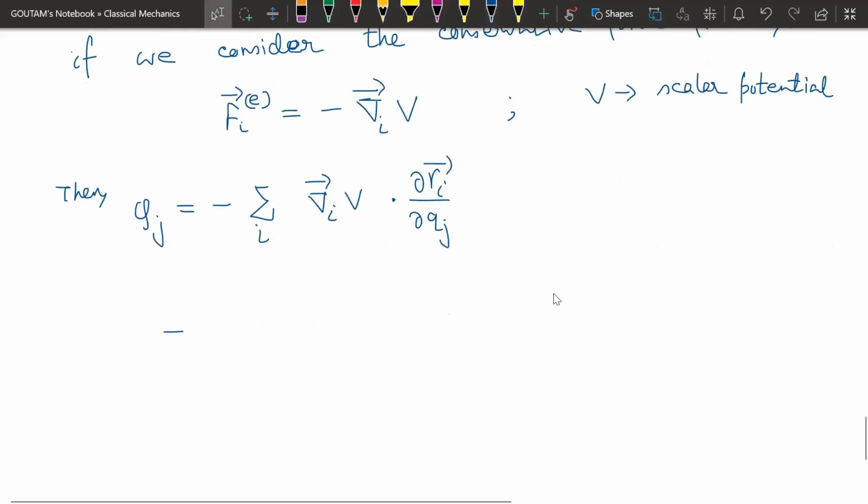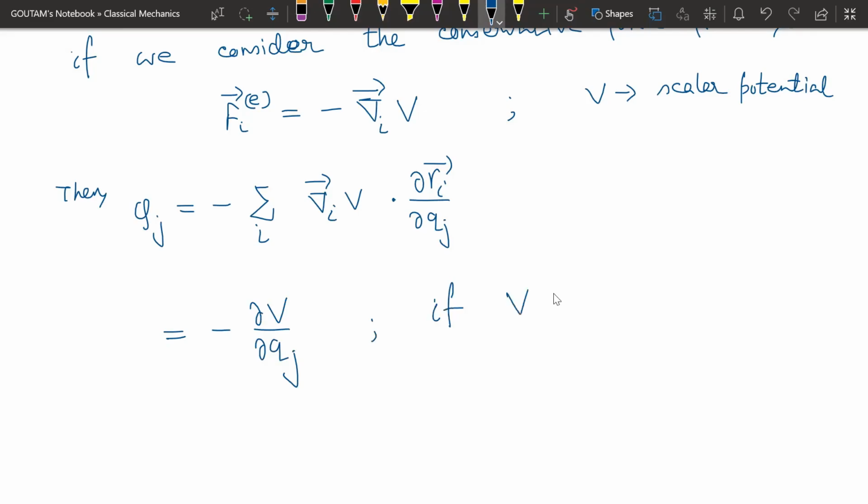and which equals minus del V del qj if V has no explicit dependence on q dots and time.